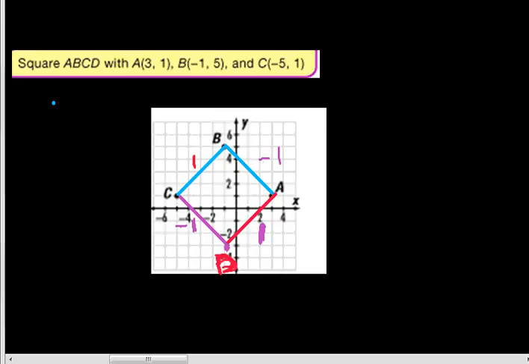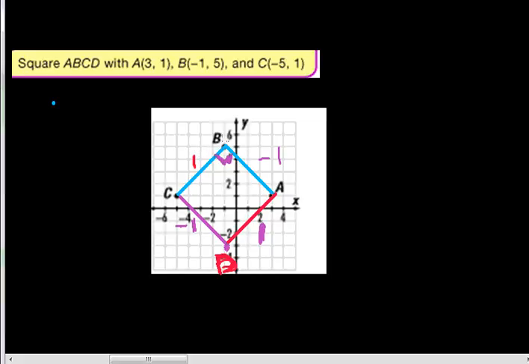The next question here is, are any of the sides perpendicular? Remember, to be perpendicular, the product of the slopes has to be equal to -1. So for BC and BA, the product of their slopes has to be -1. The product of -1 times 1, or 1 times -1, equals -1.